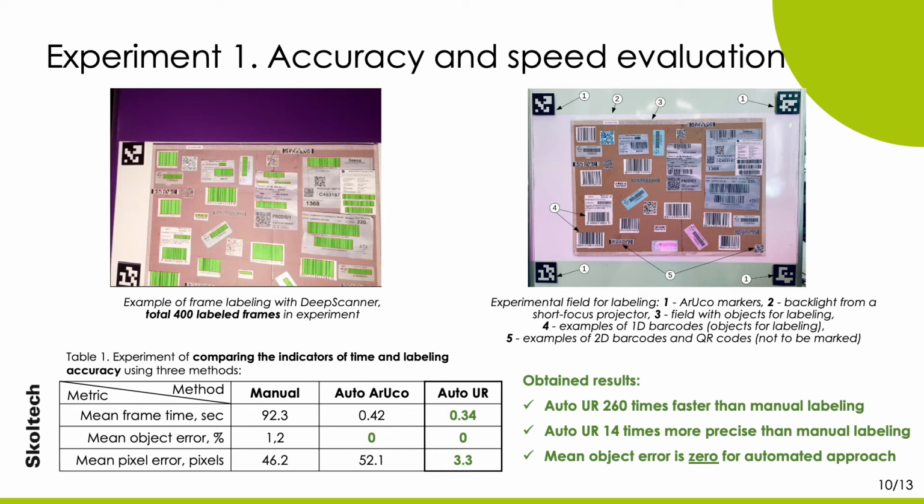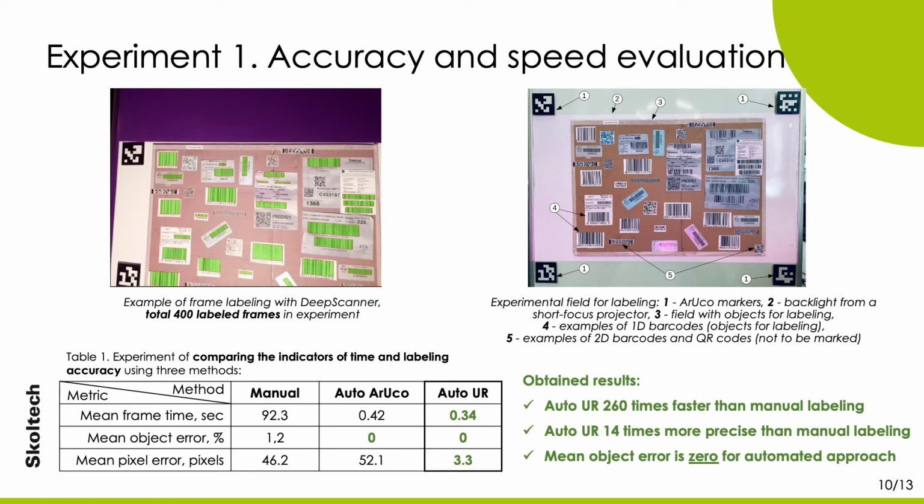If the overlap of the labeled area relative to the original area was more than 75%, the object was considered correctly labeled. The final metric is mean pixel error, the number of incorrectly placed pixels. To obtain this metric, we randomly selected 20 frames, then labeled them with high accuracy manually without a time limit, and compared them with the usual manual labeling results.